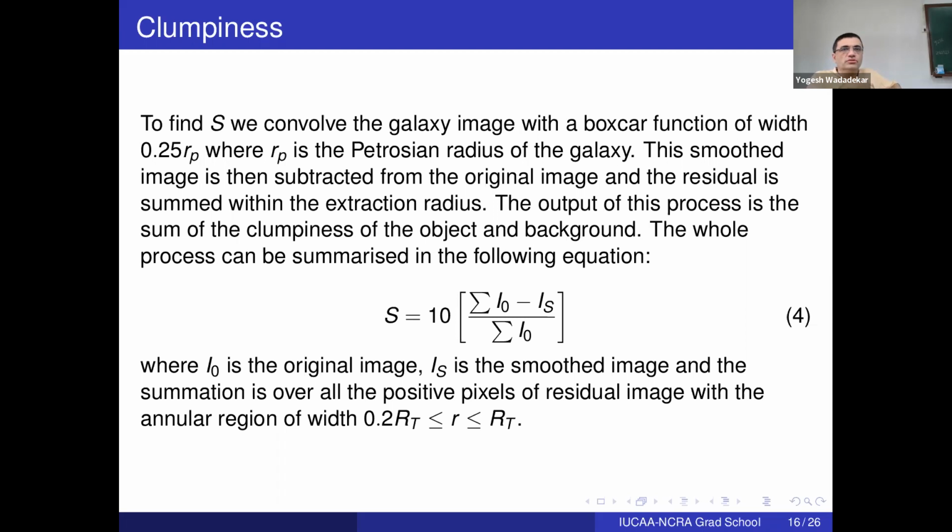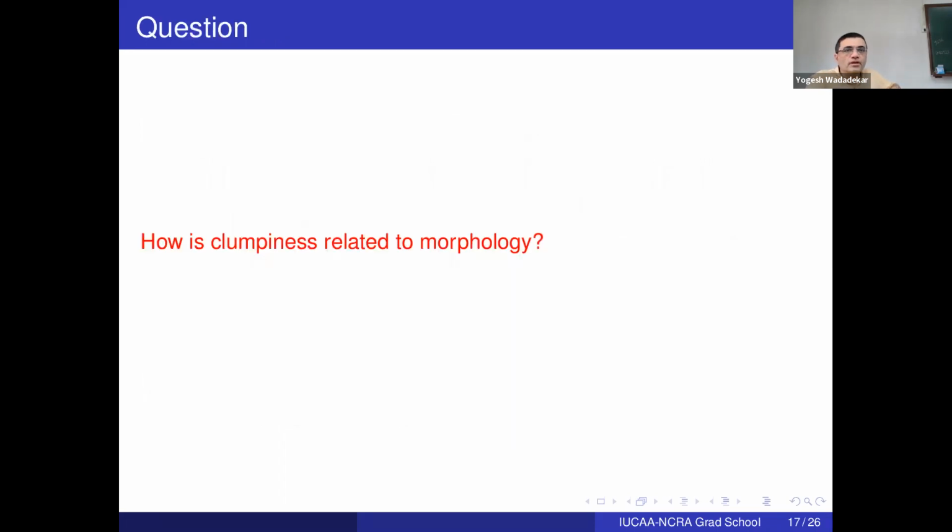So now this is going to measure clumpiness. So how is this going to be related to morphology? What will be the clumpiness of an elliptical galaxy and a spiral galaxy? Yes.